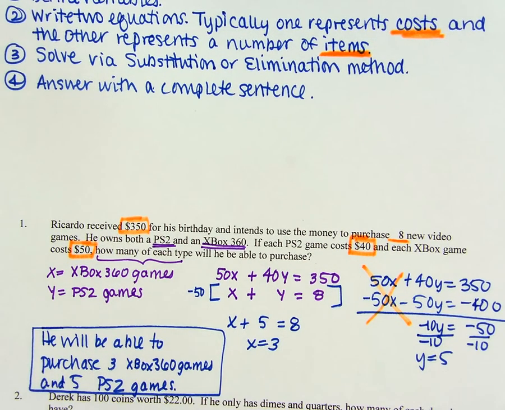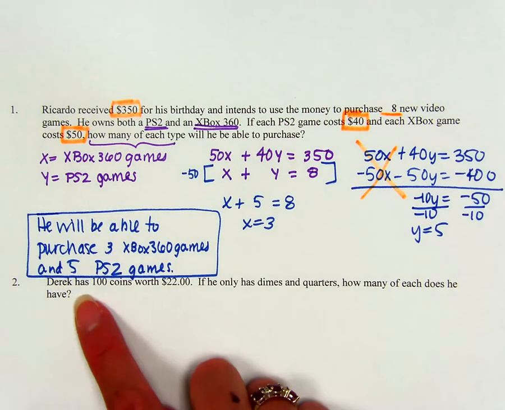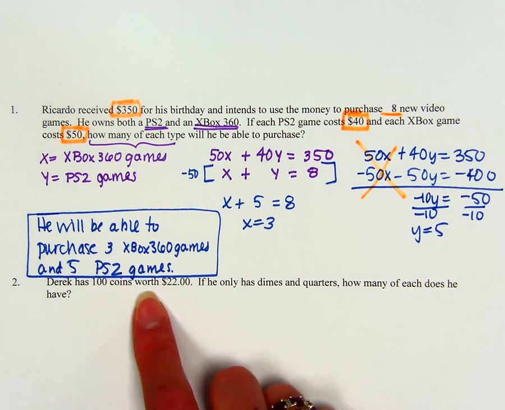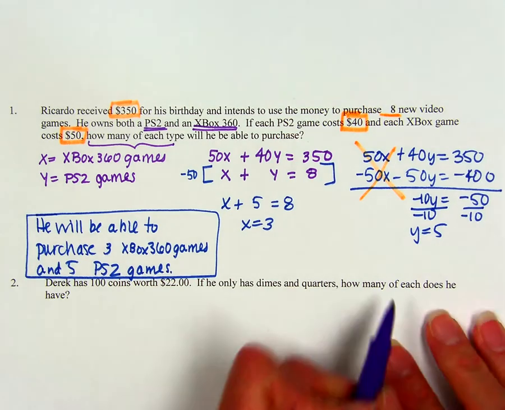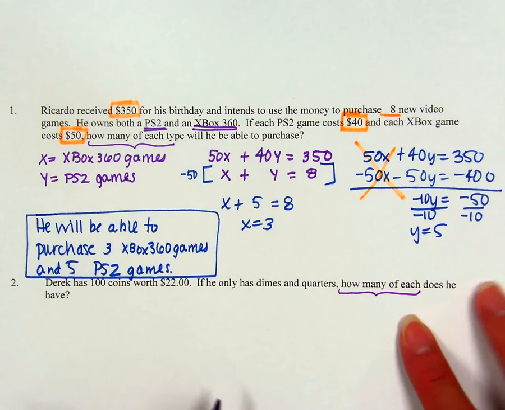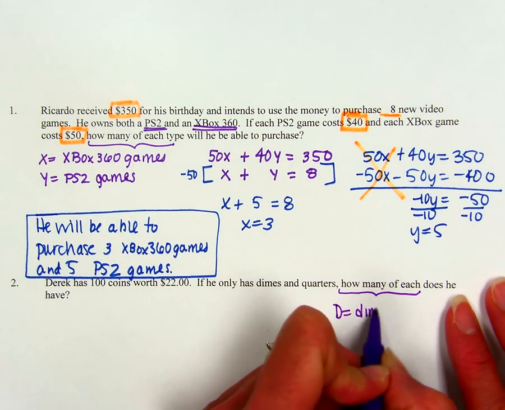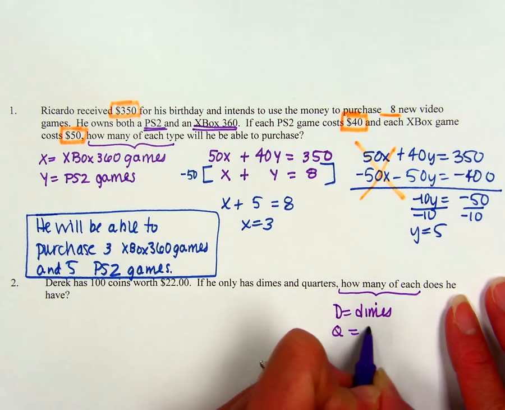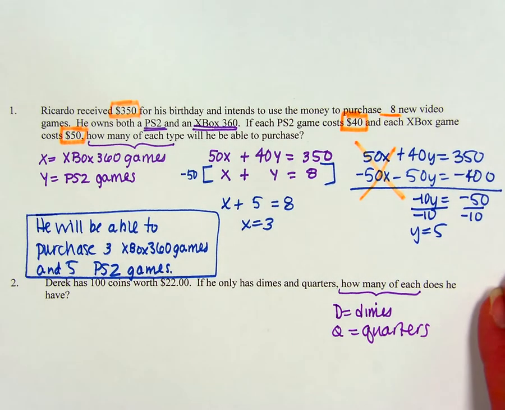All right, so we're going to continue doing these word problems. Derek has 100 coins worth $22. If he only has dimes and quarters, how many of each, this is your question, does he have? Well, what are the things we're trying to find? How many dimes and how many quarters? So we're going to let d equal dimes and q equal quarters.